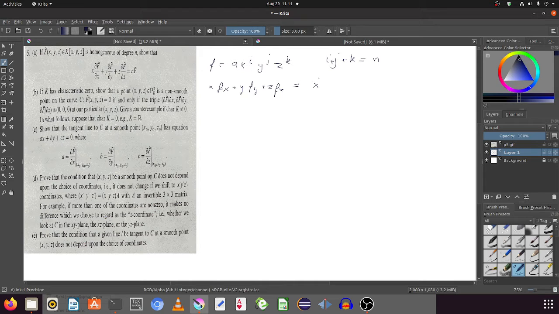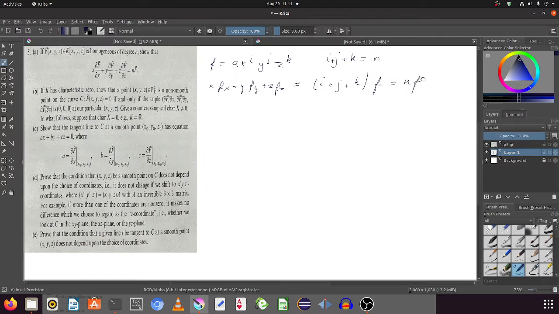We get y down here, and then y up here is reduced by 1, and then since we multiply by x, it's added by 1 again. So what we get is basically i plus j plus k times n f.